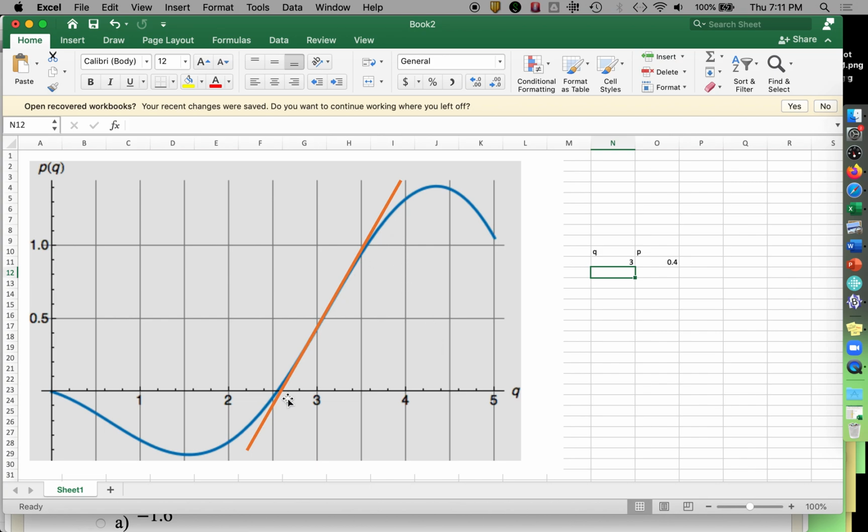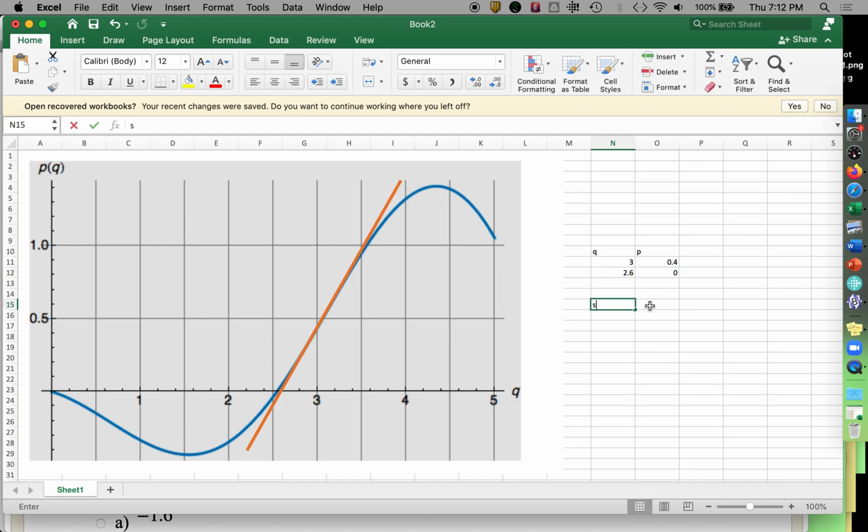And then pick out something else. How about where it crosses the Q axis? That might be good on this one. This is 2, so that's 2.5, and that's 3, so that's maybe 2.6. So 2.6 comma 0 is another point.